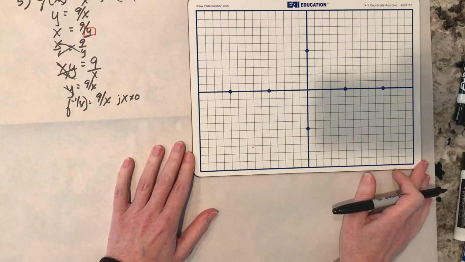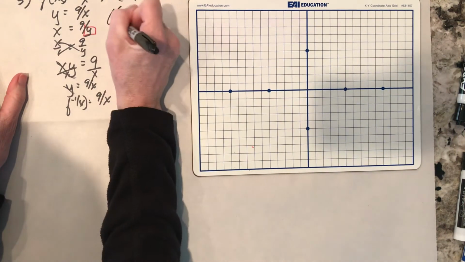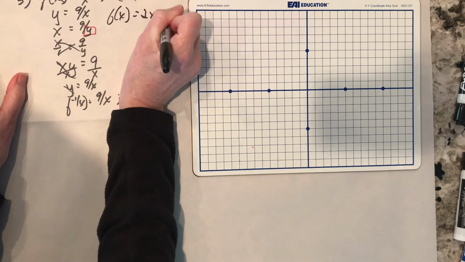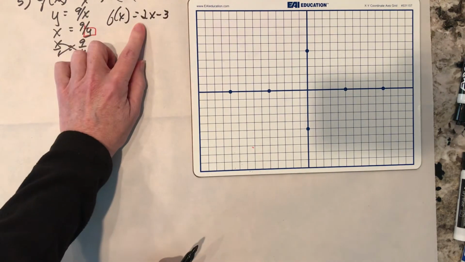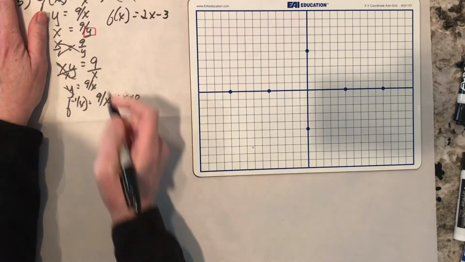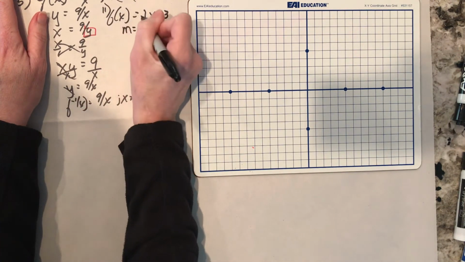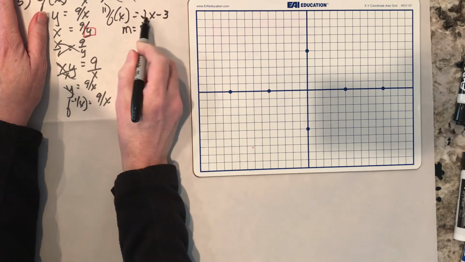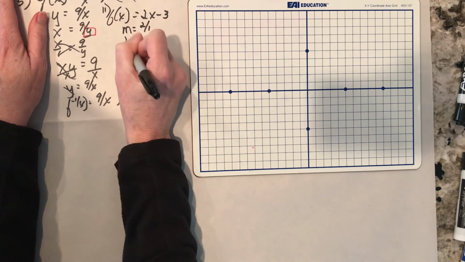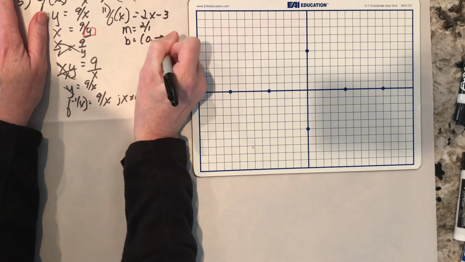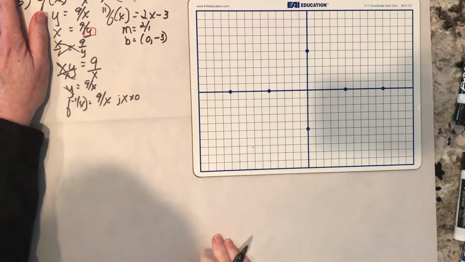First, we've got to graph 2x minus 3. F of x is 2x minus 3. That's in y equals mx plus b form. So the slope is 2 over 1. Remember, the slope is always in front of the x number. And the y-intercept is whatever sits at the back.